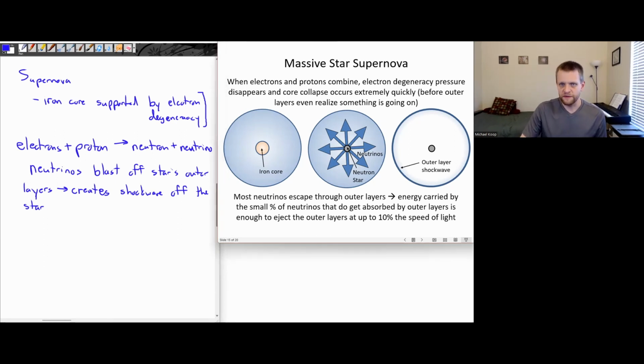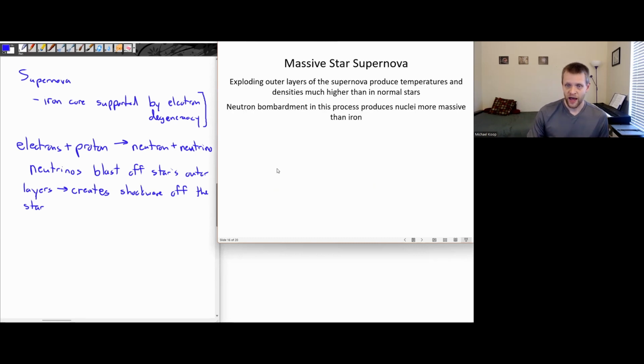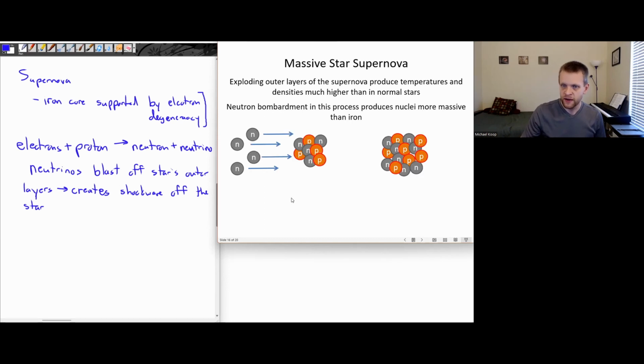That shock wave actually produces its own temperatures and densities that are much higher than even we had before in the cores of these very large stars. And we get this process called neutron bombardment, where I've just got some atomic nuclei over here, but with this shock wave coming in, there are so many neutrons flying through this material that we can actually produce much, much heavier elements.